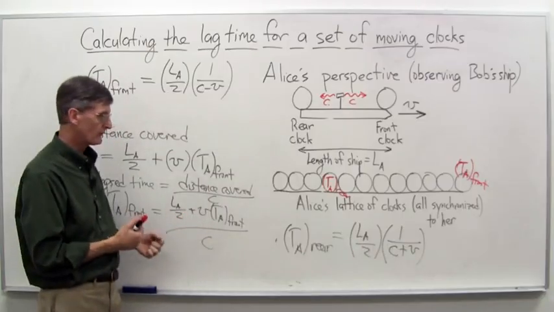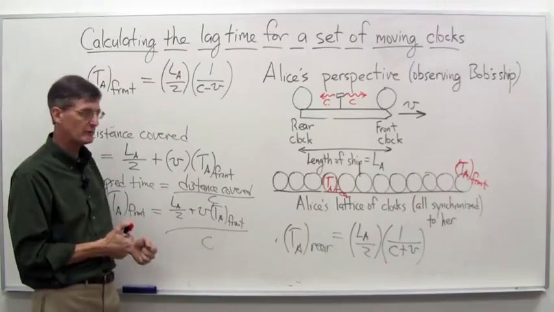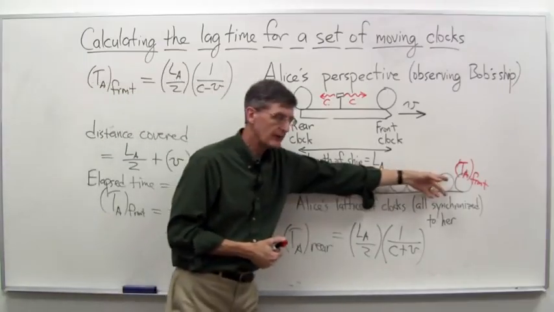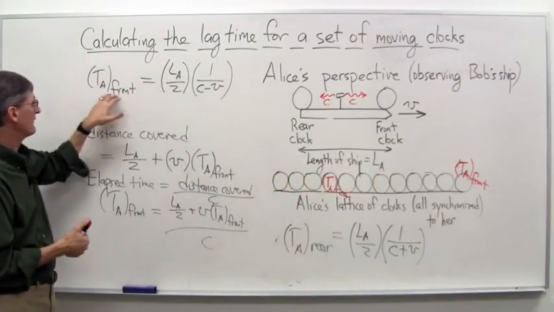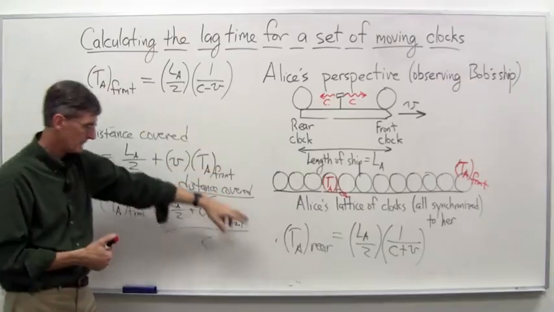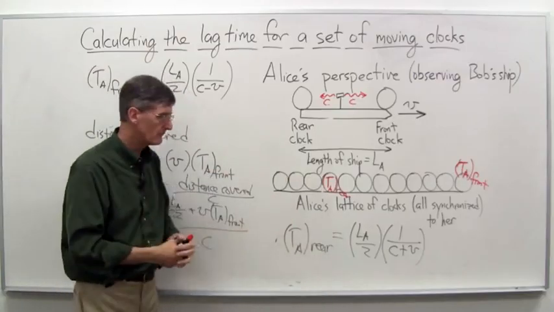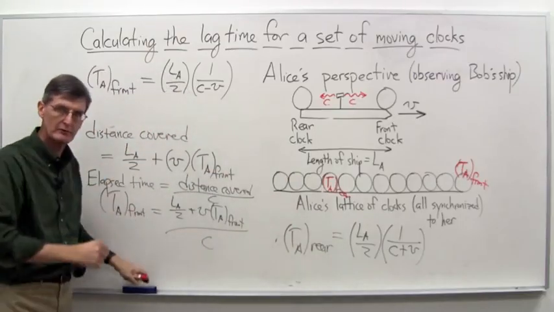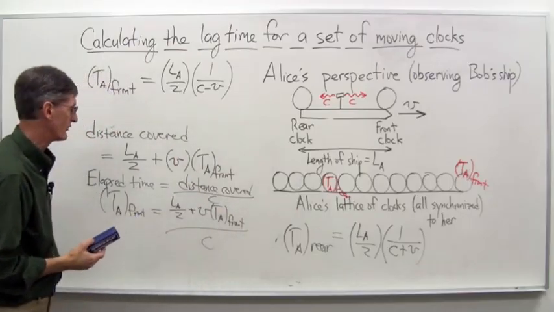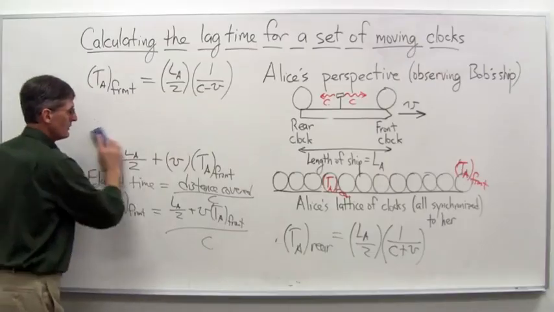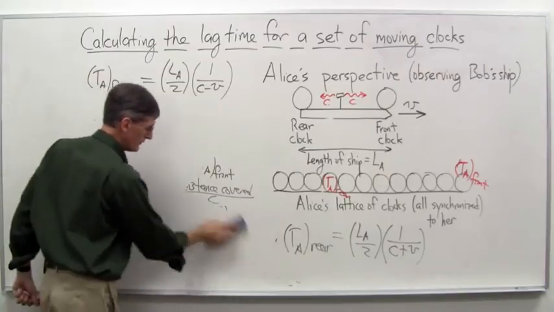If we got the opposite, it wouldn't make sense, because we know TA front is later in time than TA rear. This is saying that the value of TA front is bigger than the value of TA rear. So that checks, at least. It doesn't mean we couldn't have made some other mistake, but at least we did that check and it's consistent. So we're almost there.